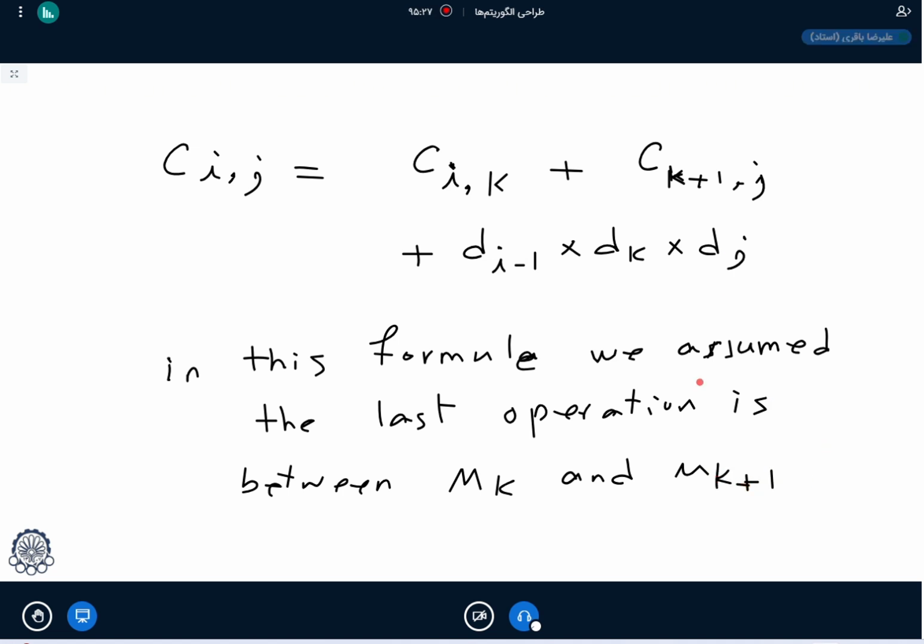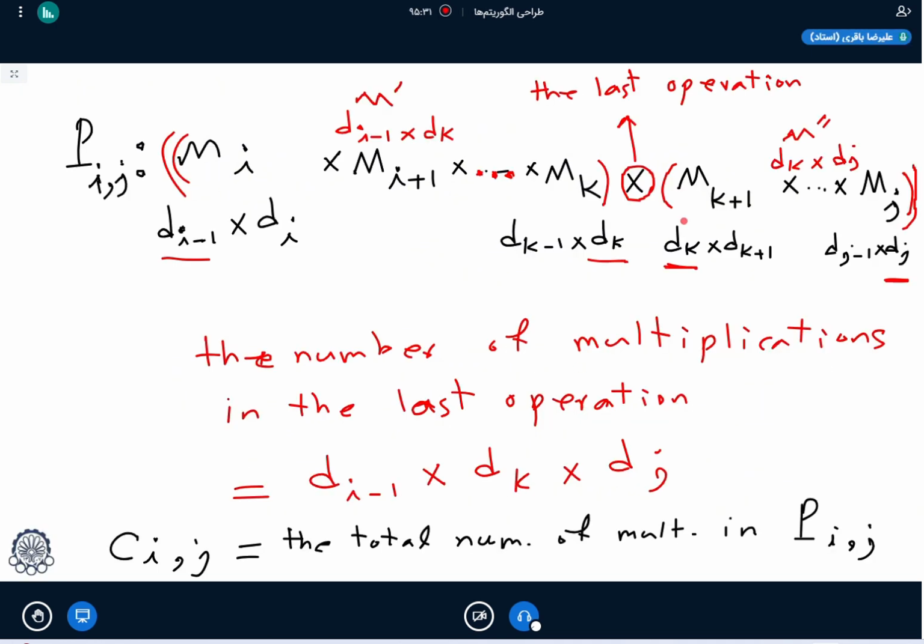Okay, as we said in the previous slide, we assume that the last operation is here, but we do not know where the last operation is.